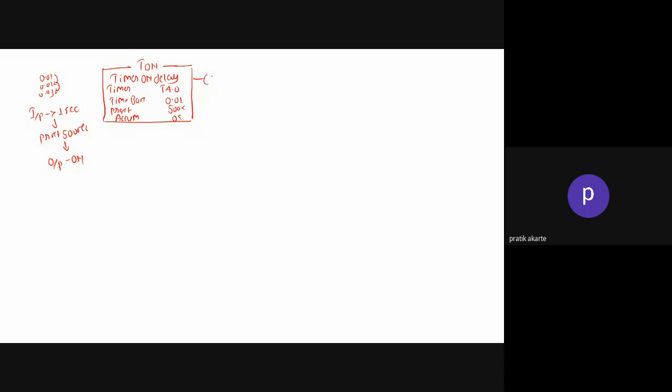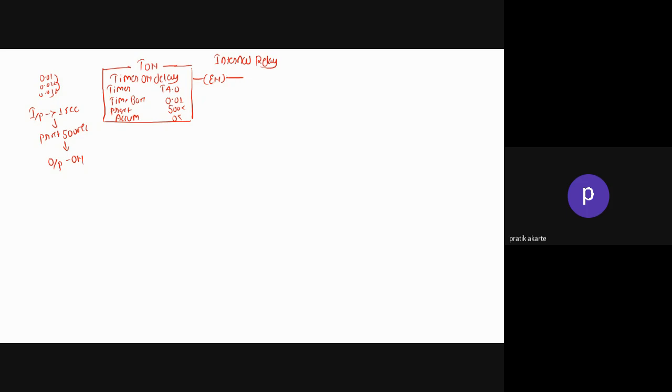We have two bits over here. The first bit is the enable bit. It is a kind of internal relay which gives signals for further processing. The enable bit is activated once your timer is on.